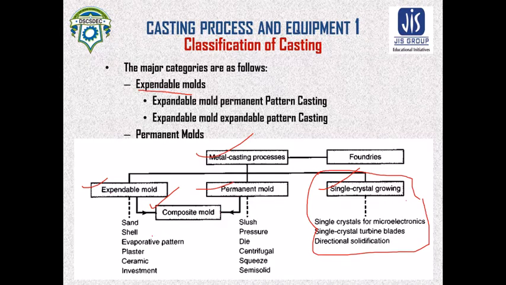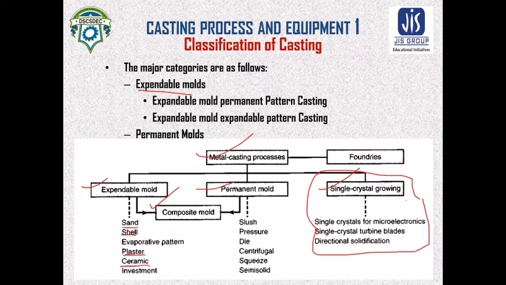In expandable mold casting, there are sand casting, shell casting, plaster molding and ceramic molding. These are the types of expandable mold casting. In the category of expandable mold with permanent pattern casting, we have sand casting, shell casting, plaster molding and ceramic casting.